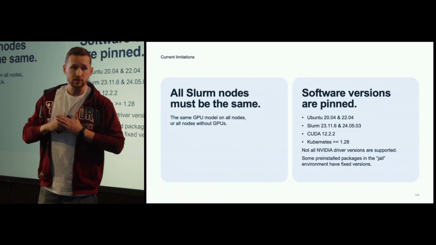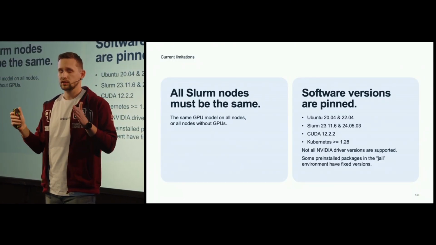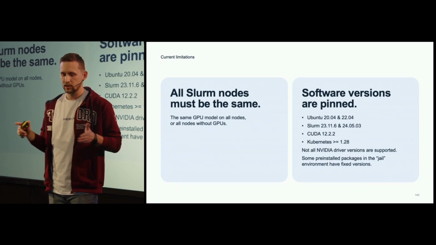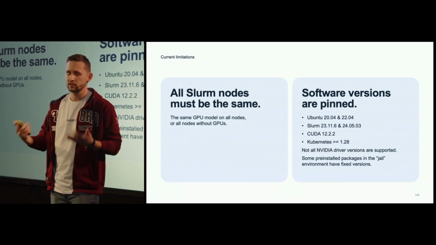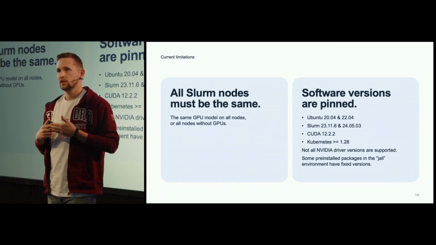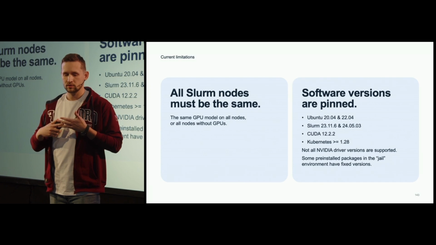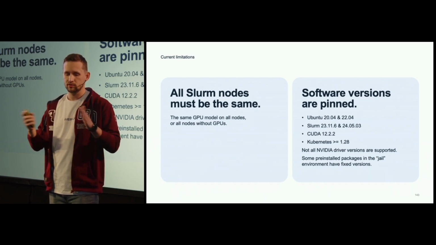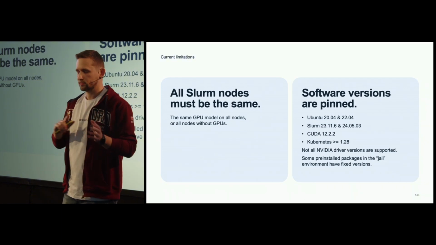What about limitations? Right now, we have a limitation that Slurm nodes are the same across the whole cluster, but we have already started implementing node sets. In that case we can use different types of nodes in Slurm, for example, CPU only, GPU only, or different hardware.